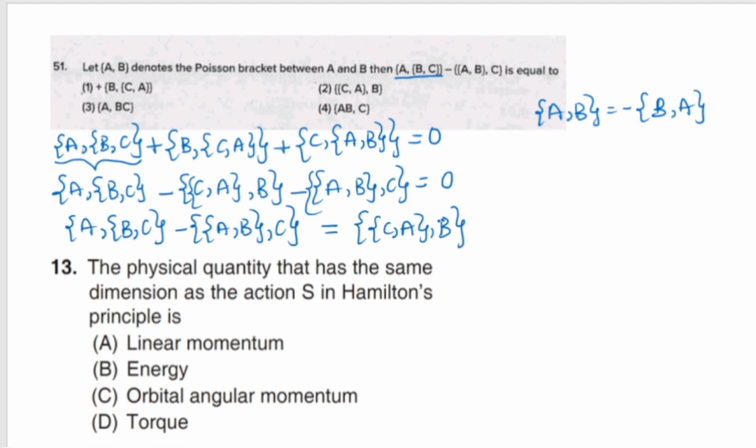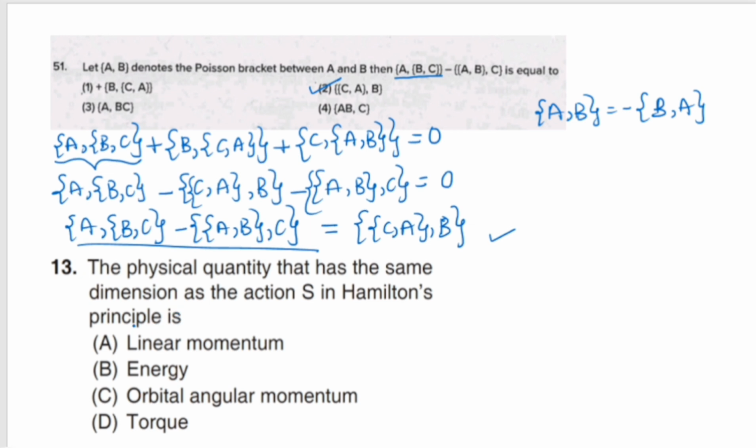Is it right or wrong? So this is the question they have given. What should be my answer? The answer should be Poisson bracket of c comma a comma b. Is it right or wrong? Yes, it is right. So what should be my option? Option 2 is right here. Everyone understood? I hope everyone is understanding.